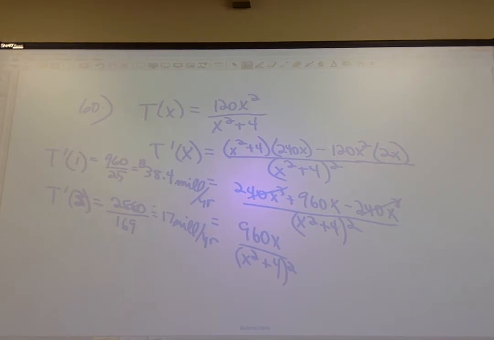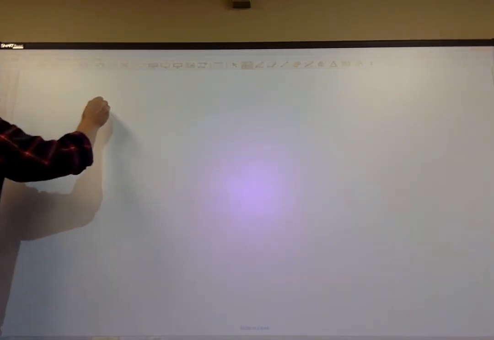What if I told you this? On page 189, we've got another rule. Think about what we've done so far. We've done the power rule in 3.1, right? We did product and quotient rule in 3.2. Now, what if you had a function like this?